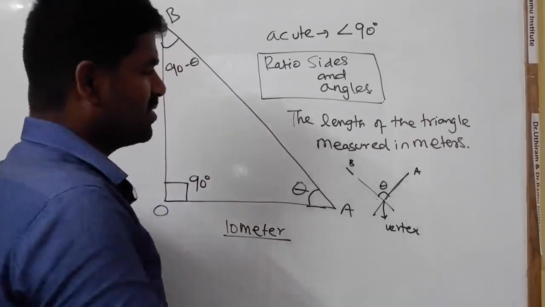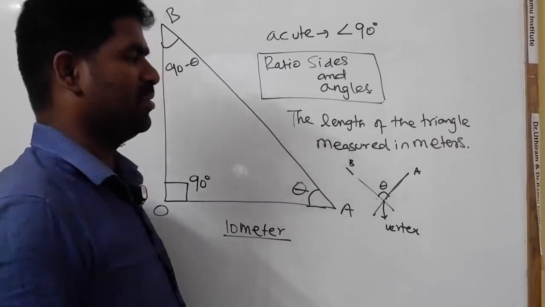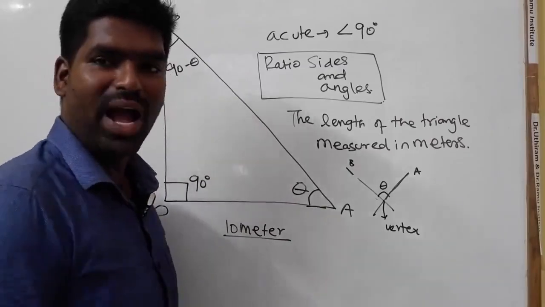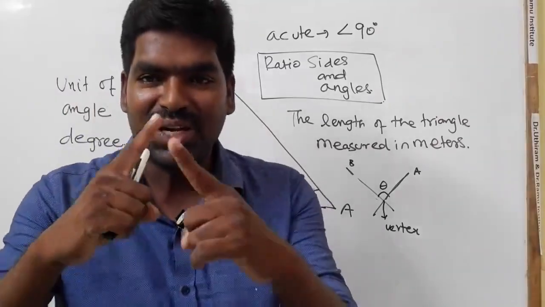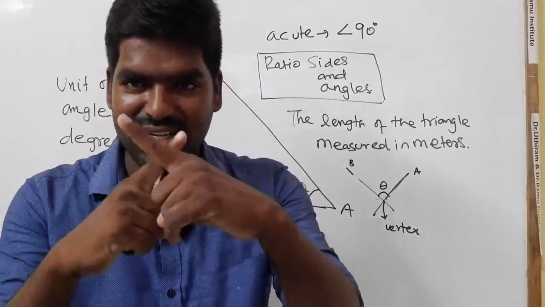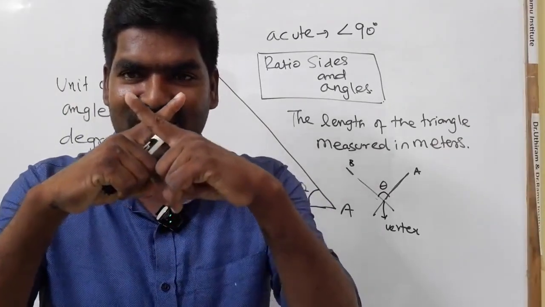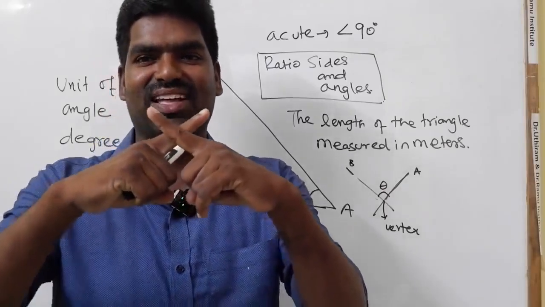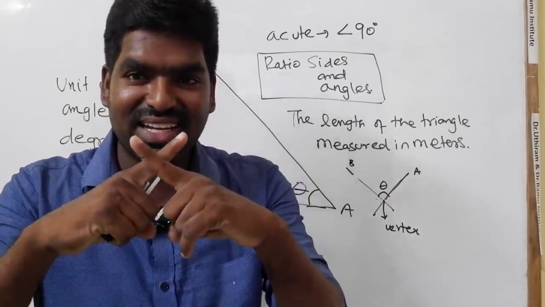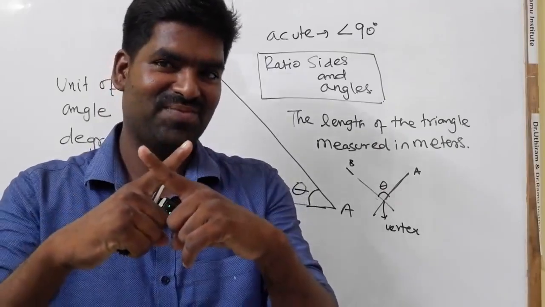The next thing is how an angle can be formed. In order to form an angle, we need two sides, side 1 and side 2. Look at that. When they intersect, they create an angle.